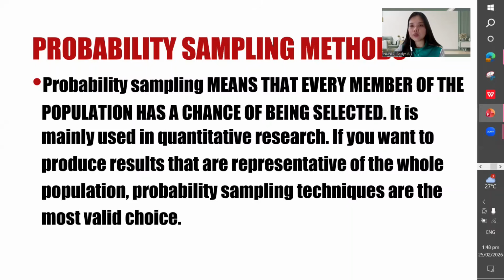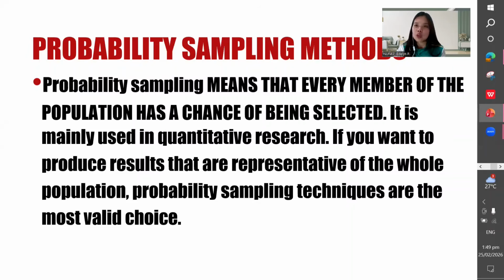Where do you get the sampling frame? You can go to the HR if you are interested in the employees. You can go to the registrar to get the names of all students. And the result, if you have a probability sampling, is representative of the whole population because you're giving everyone a chance to be selected as a sample.